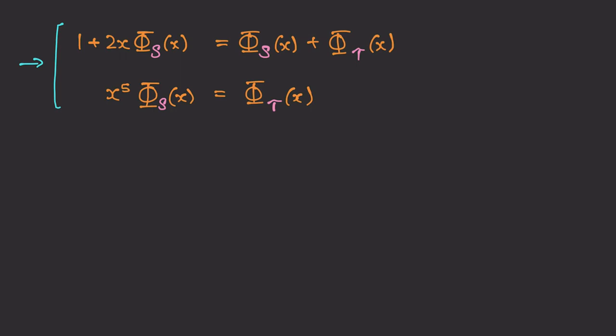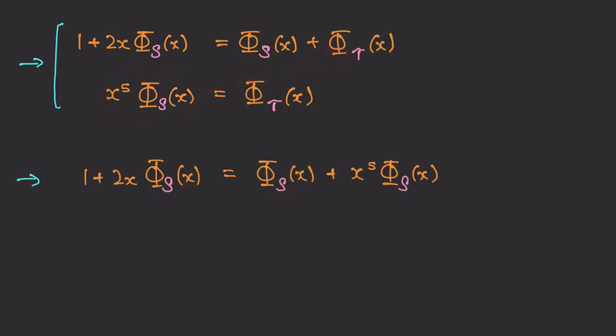In this case, it's easy to solve them by substituting the second equation into the first. And we end up with phi sub S of x is 1 over 1 minus 2x plus x to the 5. We could solve for phi sub T of x if we wanted, but there's no point. T was just a set we introduced to make the problem easier. It wasn't the generating series we cared about.